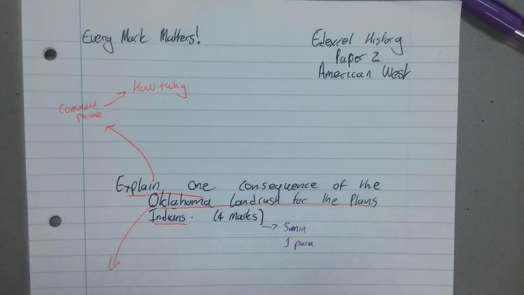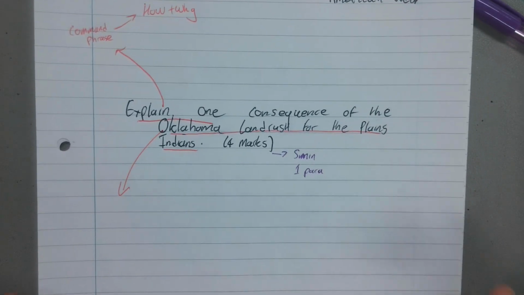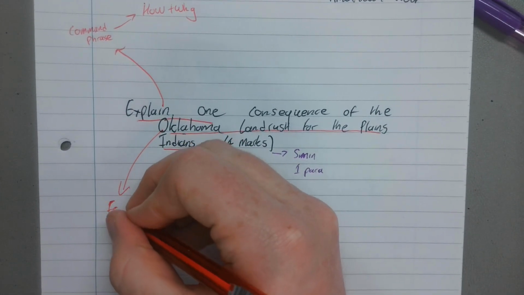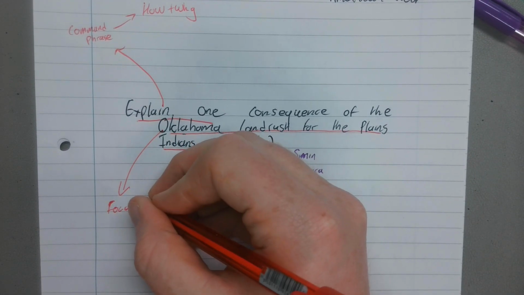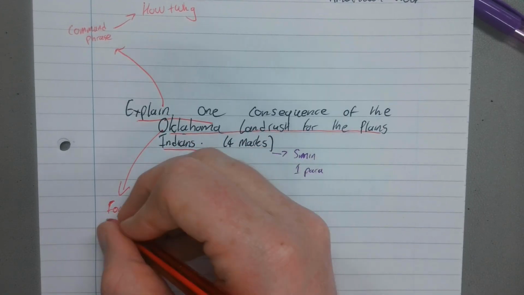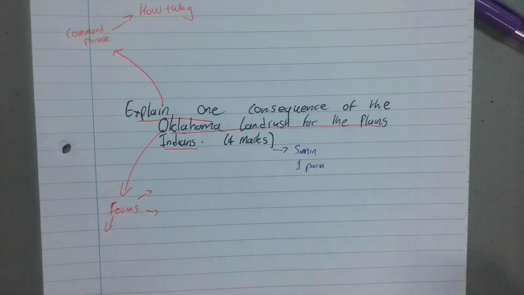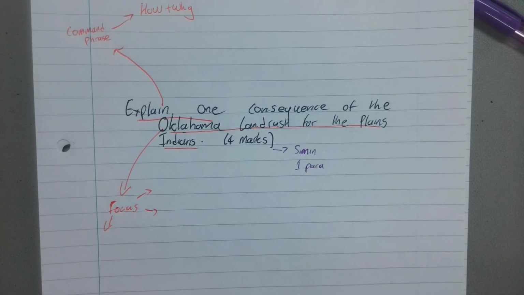So maybe what you want to do now is pause the video and annotate the word focus with what knowledge you have about the Oklahoma land rush for the Plains Indians. I'll see you shortly.